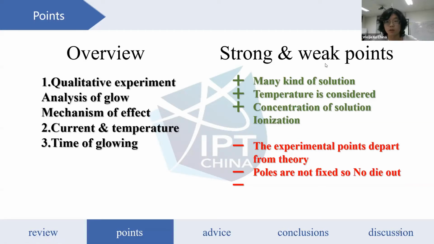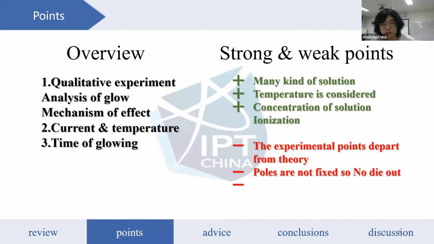As for the strong points, I think they have many kinds of solutions, and they even show a figure about when the pickle began to glow and when it will die out. The temperature is also considered, because the pickle was first cold and then became hot, and that's maybe a key point of the problem.